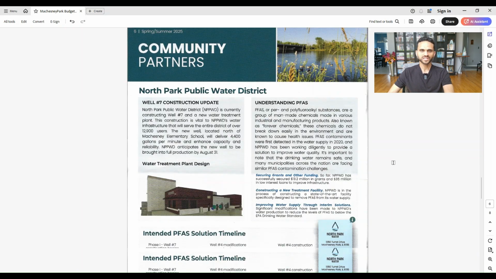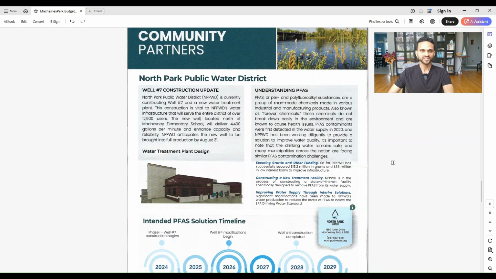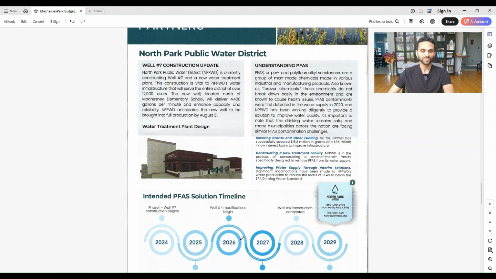Then the other interesting part that I've found is on this page they talk about their plan to secure water supply for the future growth of the village. What they plan to do, they plan to build more wells, they plan to modify the existing water treatment plants up until 2029.